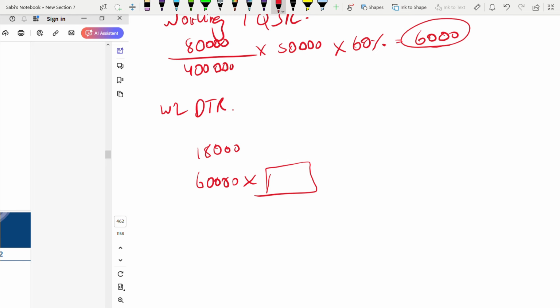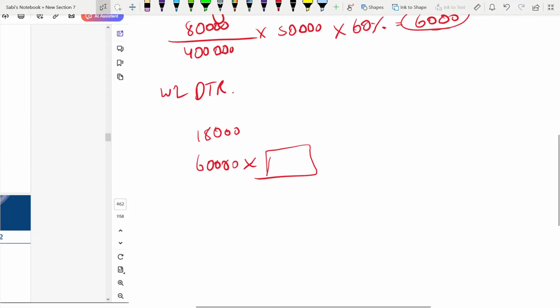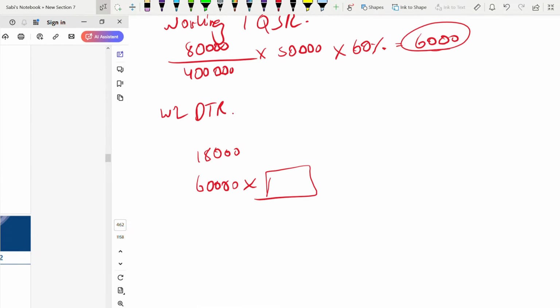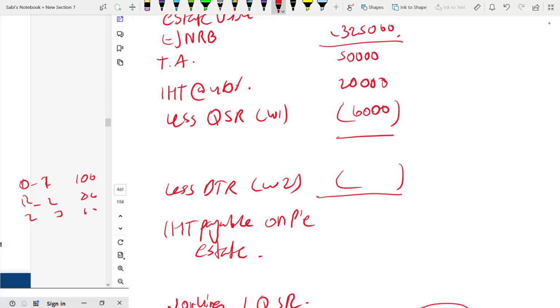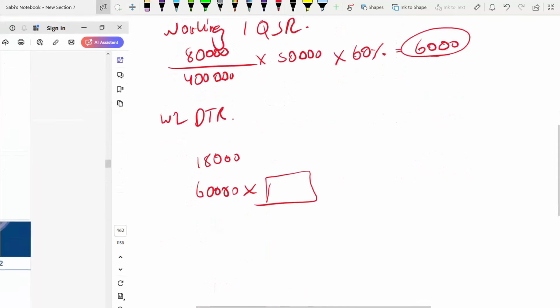So the rate of IHT on the estate after QSR. If you see here, for this you need to go here. So 20 minus 6 is 14,000. You need this figure for DTR. So 14,000. Put here.